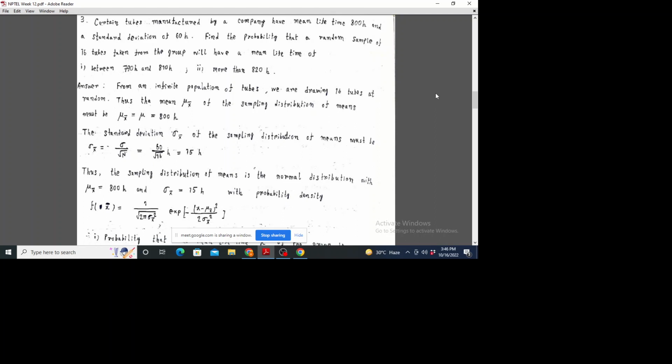So given a population of tubes of some mean and standard deviation, we draw a random sample of 16 tubes and find the probability that the mean lifetime of the sample is between some limits or more than some limit. So this will involve the sampling distribution concepts.